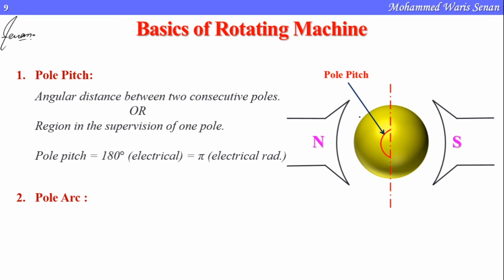Now, in order to understand it very clearly, consider a 4 pole machine. For a 4 pole machine, you might not be able to understand through the figure that pole pitch is 180 degrees. It seems to be 90 degrees. The angular distance between two consecutive poles seems to be 90 degrees.